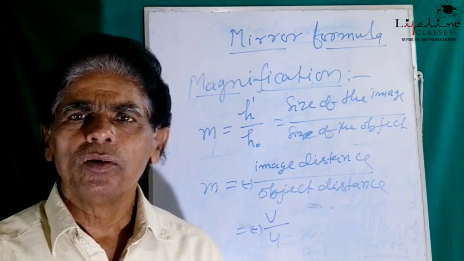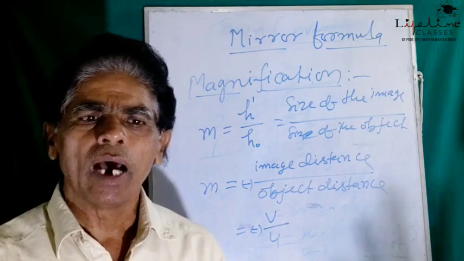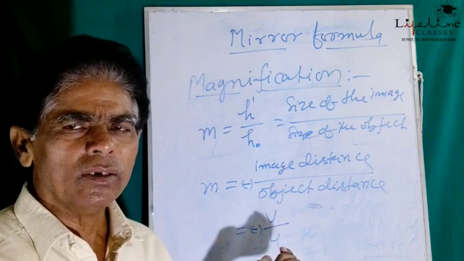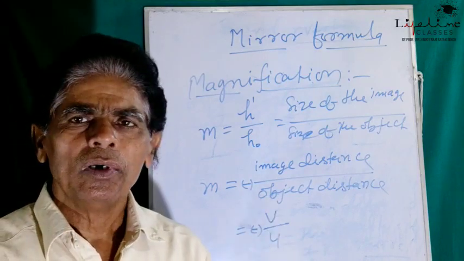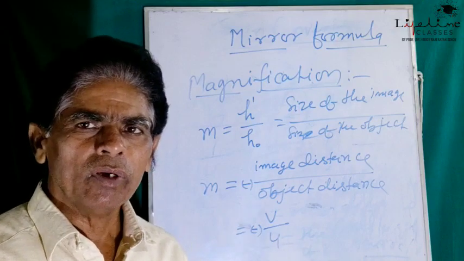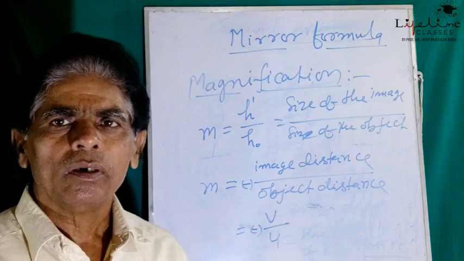Means when you derive the same equation in higher classes, you will get the negative sign, and it is useful to solve the numerical problem. Without giving the negative sign here, we will get the wrong answer.